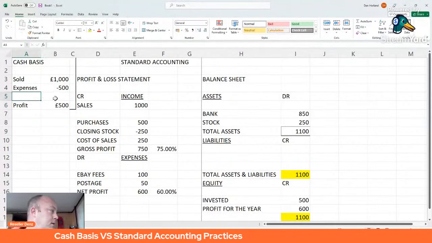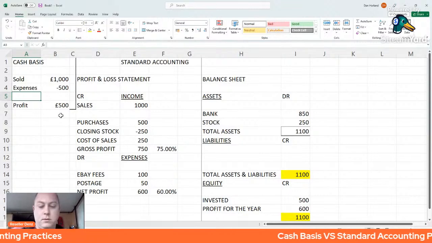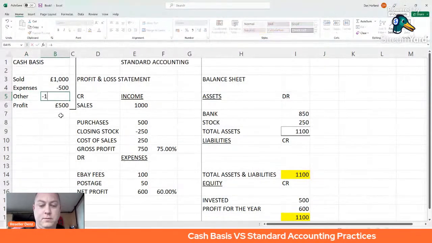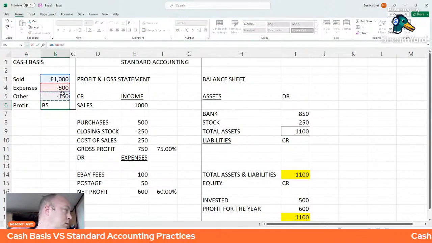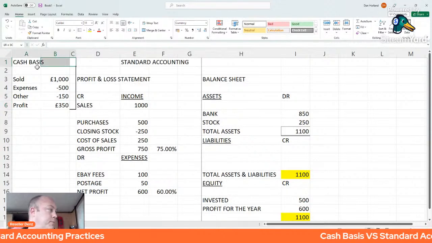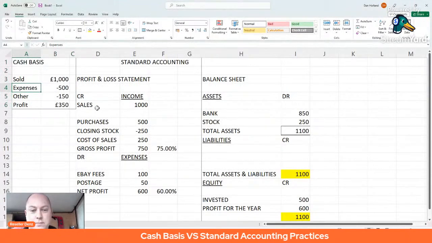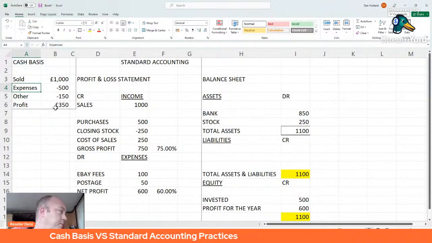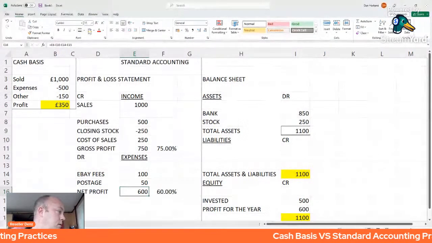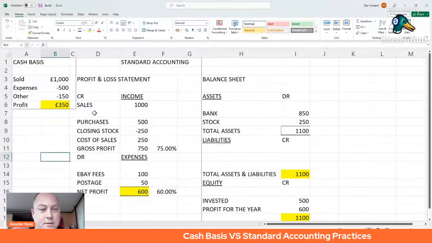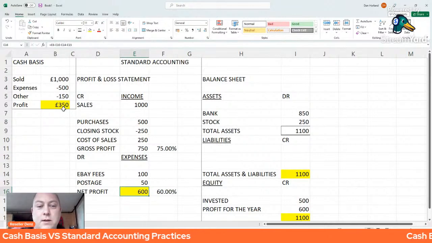So if we put in here, in this cash basis, the expenses from here, other minus 150, as you can see, cash basis in terms of actual profit, considering we've done the same thing, actually cash basis has come in lower profit than your standard accounting practice.